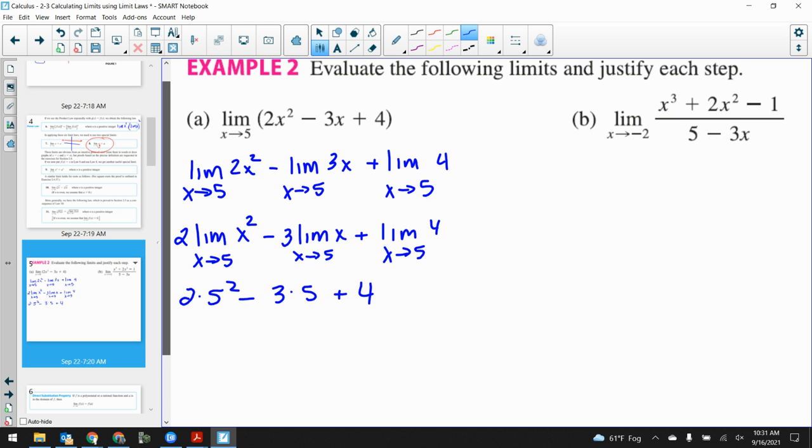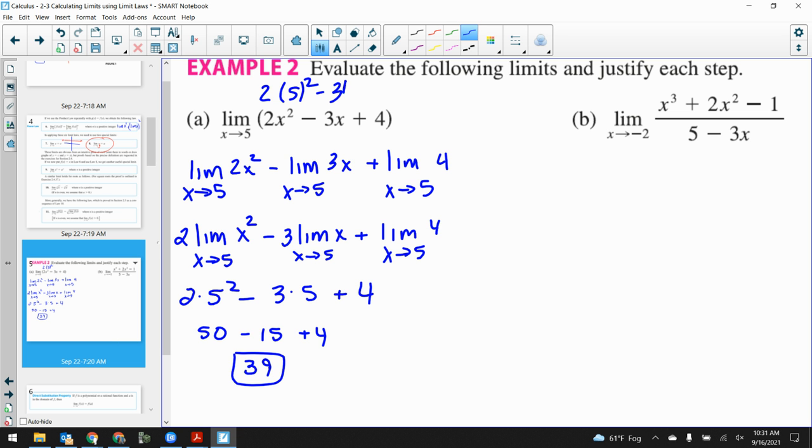So this is 2 times 5 squared, or 50, minus 15 plus 4. So 50 minus 15 is 35, plus 4, 39. This is going to lead us to direct substitution because look, did I need to do all that work?